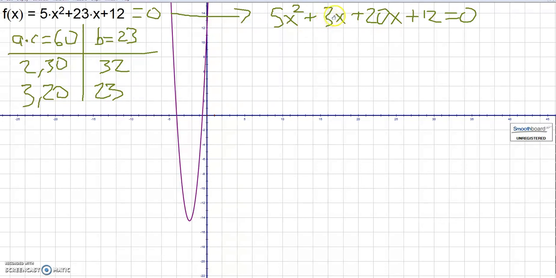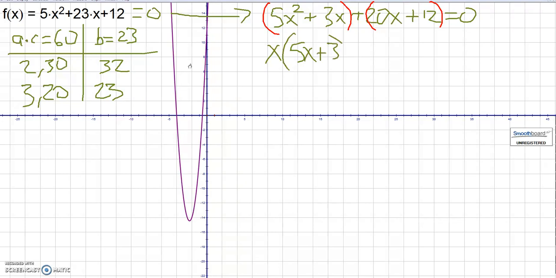But now I should be able to look at these two parts, kind of doing the process of chunking. I'm going to look at these two parts and these two parts and factor them separately. So what do 5x squared and 3x have in common? They have an x in common, and I'd be left with a 5x plus 3.